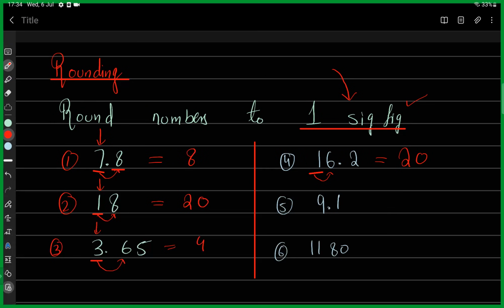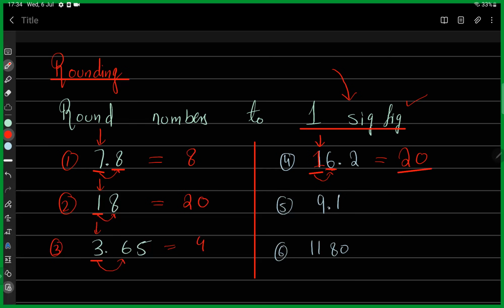So if the question says one significant figure, I need to do something with this number. It would either remain 1 or it would become 2. It would remain 1 if this number was less than 5. But since this number is greater than 5, I need to add 1 to the previous one and it became 20.